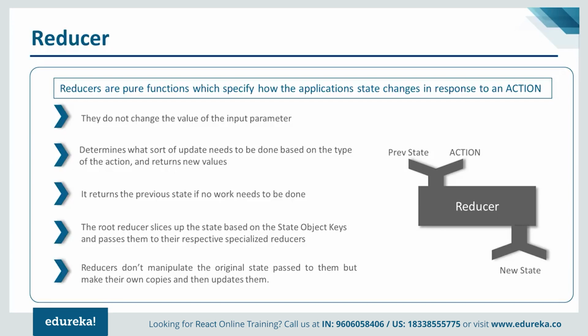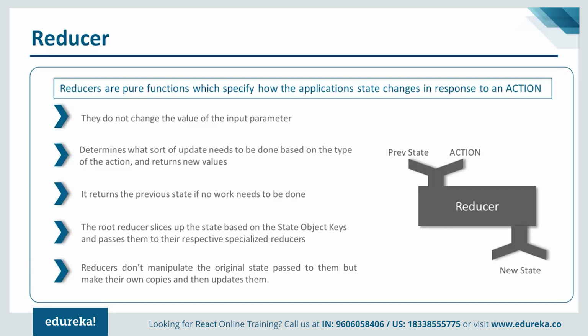As we saw, actions are the payloads of information which give input to the store. In between these two things, there is a Redux component called reducers, which are pure functions which specify how application state changes in response to an action. They do not change the value of the input parameter.